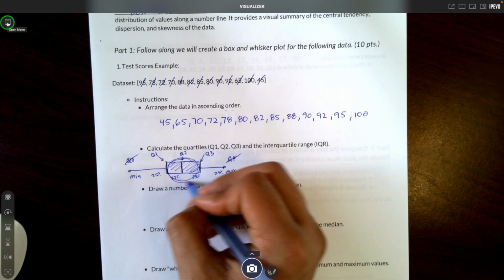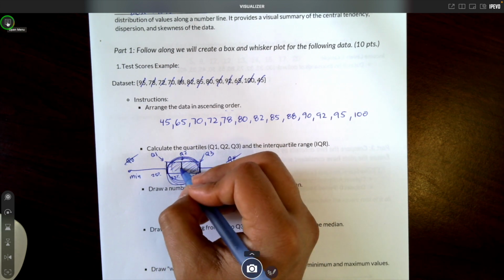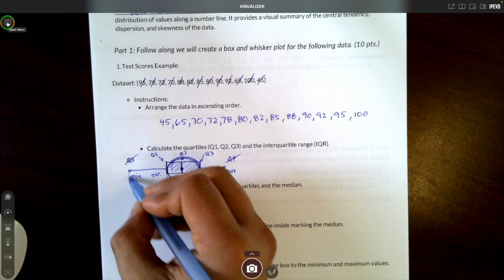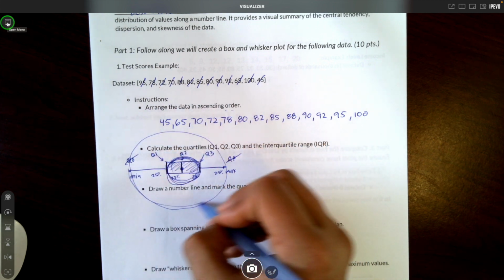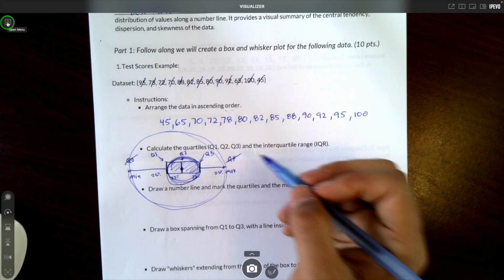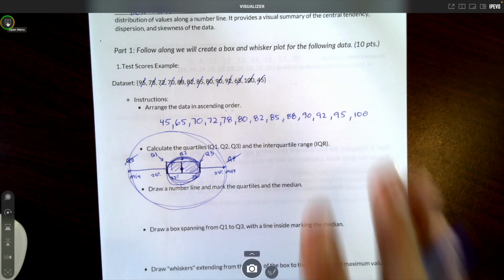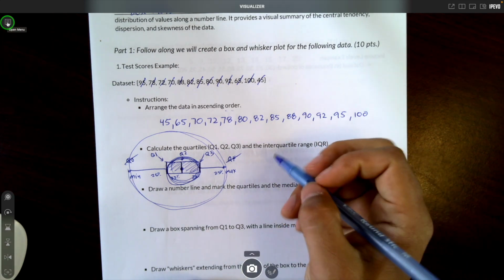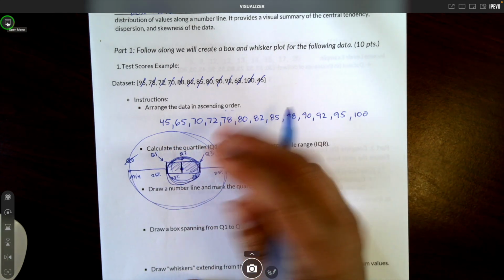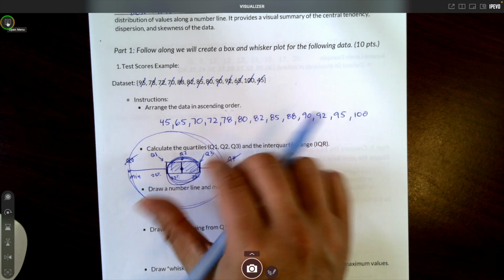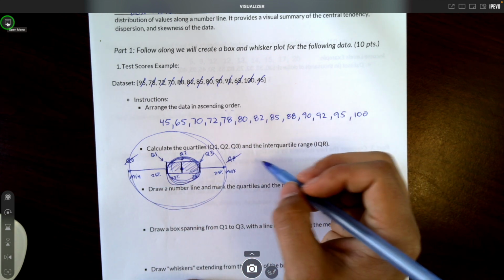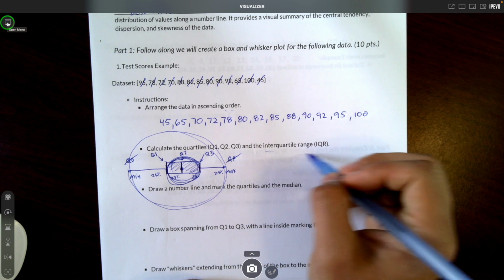Think of this as like the target that I was talking about, and this is like the outer part of the target. So it gives you an idea of how far the data values are spread out. So anyways, how do we calculate the interquartile range?